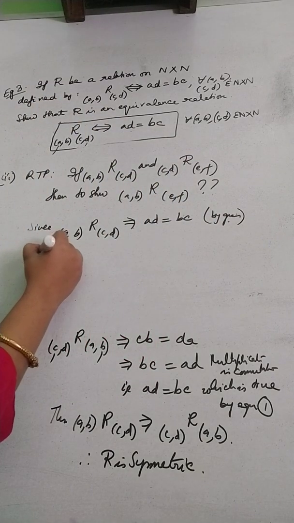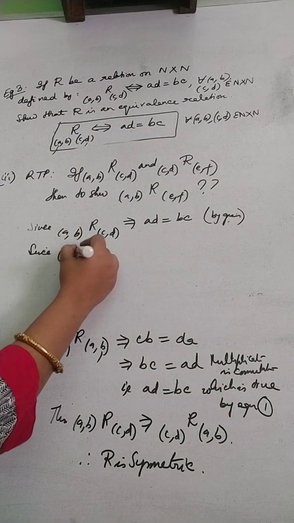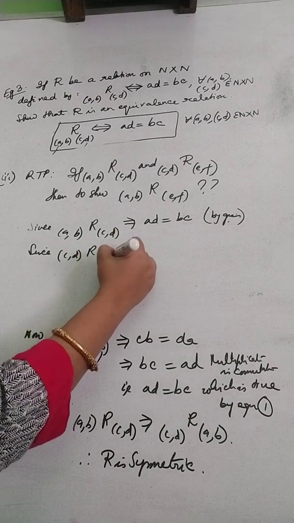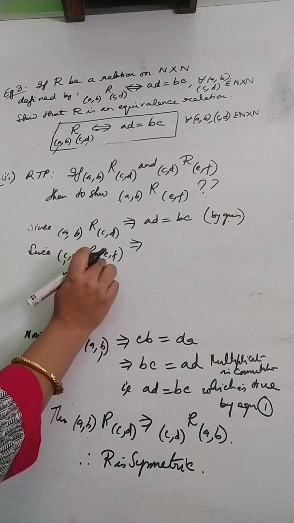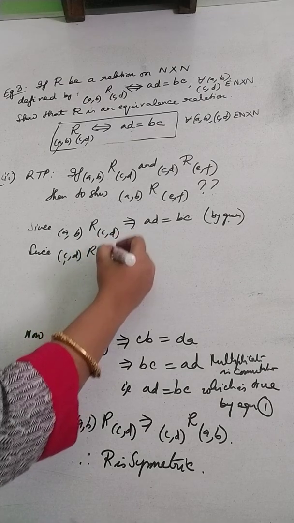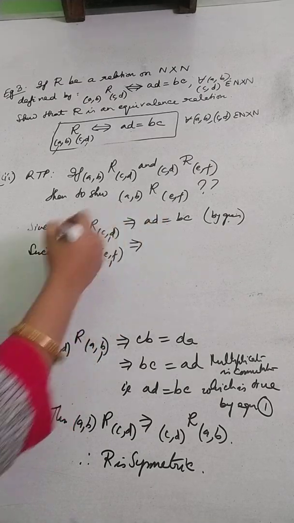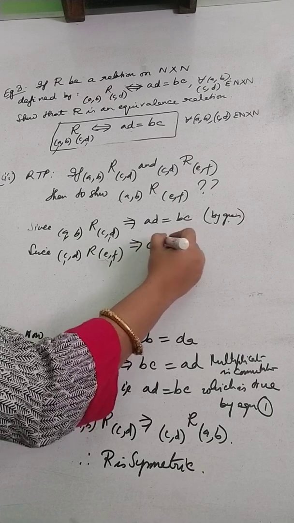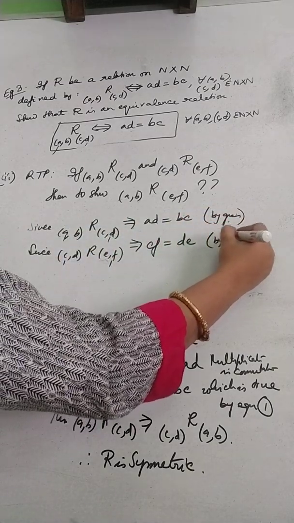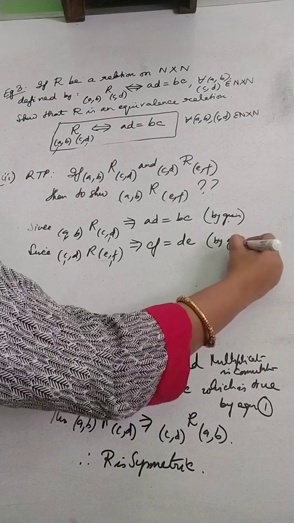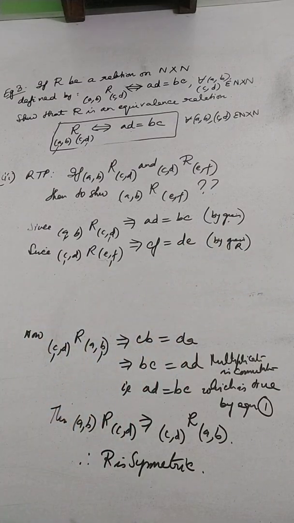And similarly, since we are assuming that CD is related to EF, it means CF is equal to DE. This also comes by the given relation R.